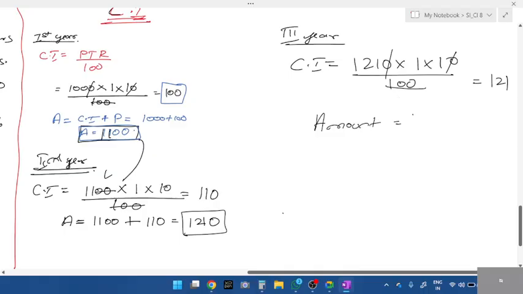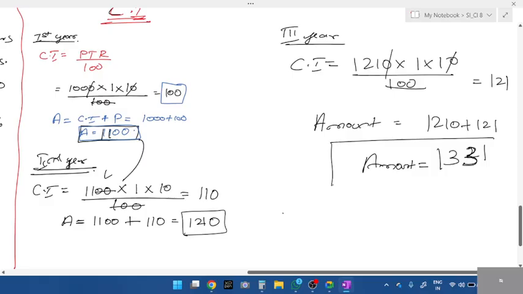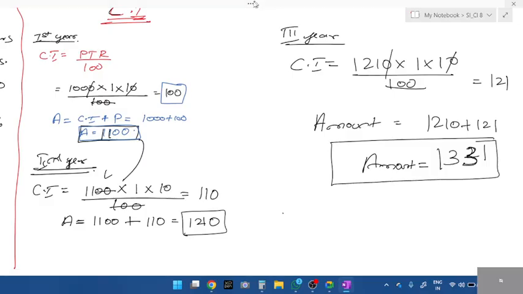Take this principal, not the original principal. What is the principal you have taken here? 1210 plus 121, 1331 is the answer. This is the amount, students. Overall, the total amount which you have to pay after 3 years is 1331.